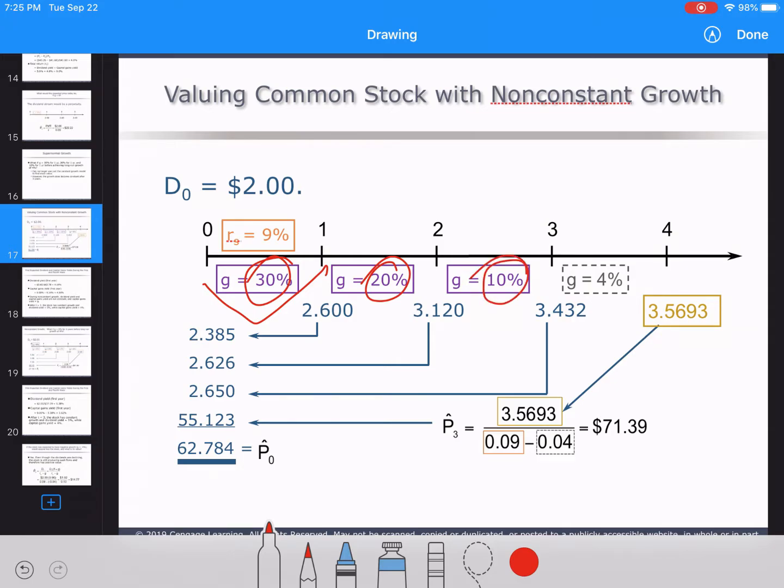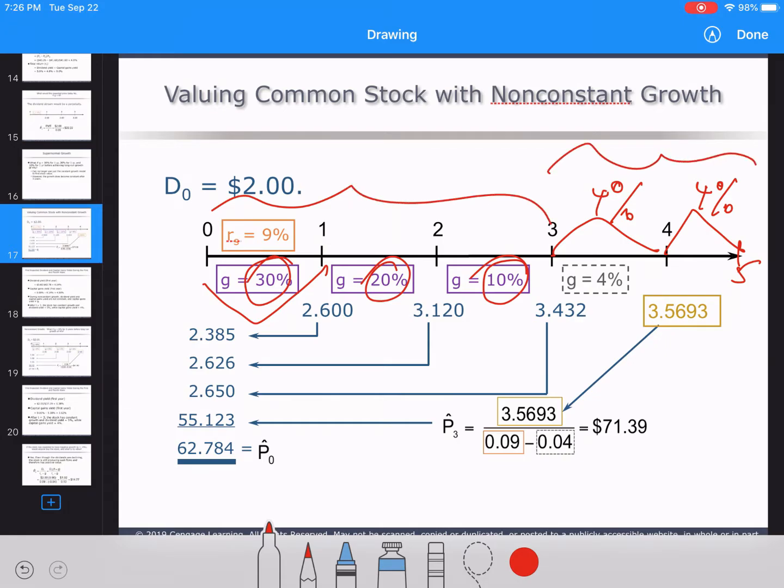And then it stabilizes at 4%. That means 3 to 4, it is 4%, and then 4 to 5 is 4%, and onward. So you can see that there are two kinds of series. One is this part where there is supernormal growth, and the other is this part, which is basically constant growth.